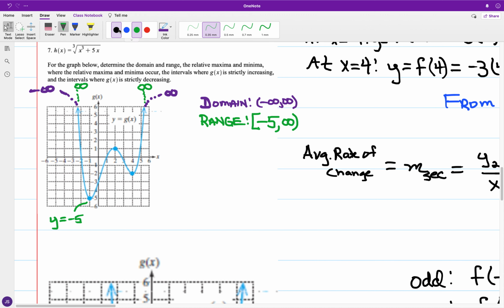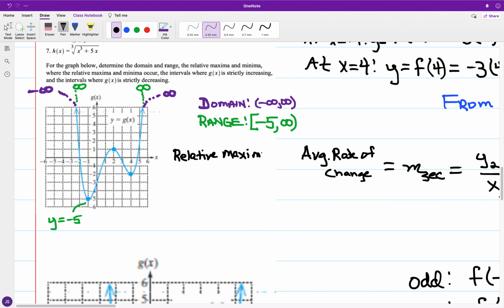Now, for the relative maximum, if you notice at this particular point, it's going to be this particular peak point.